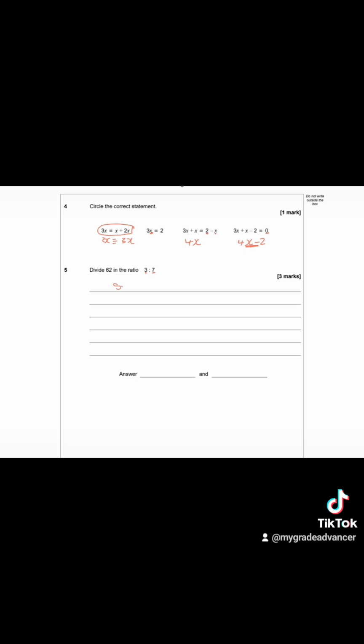And how do you calculate one part? You find the sum of the ratio, and the sum of the ratio would be 3 plus 7, and that will give you 10. One part of that would be 62 divided by 10, which gives you 6.2.